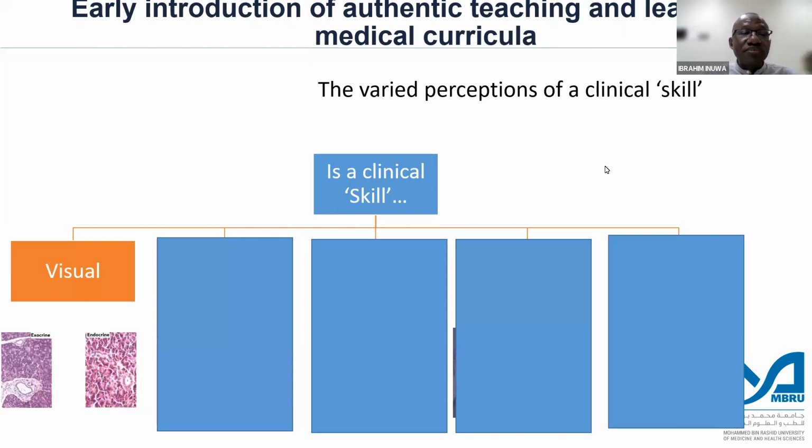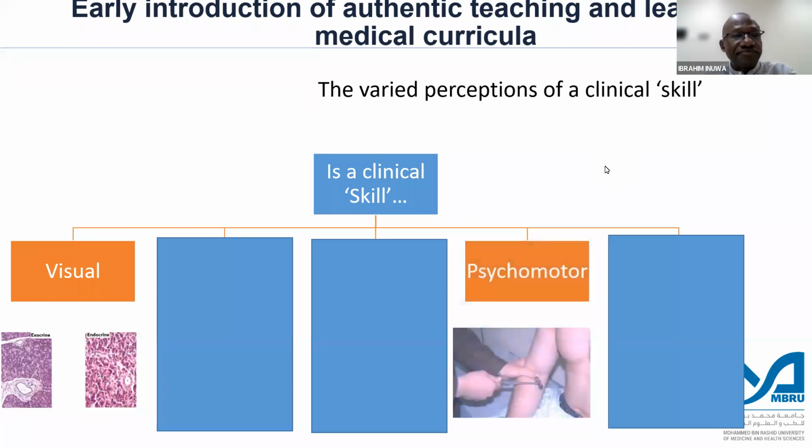Or is it you recalling that this is the person that looks like Ronaldo? So it's important to have a common understanding whenever we talk about clinical skill in health professions. We're talking about something psychomotor, something that will require behavior in addition to knowledge. If it doesn't require those three, then it's unlikely to be a clinical skill. It's most likely to be something else, most likely a knowledge application and so on.